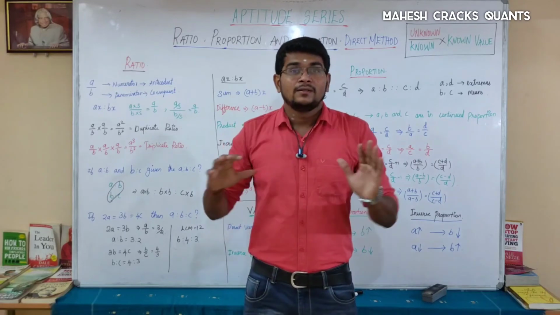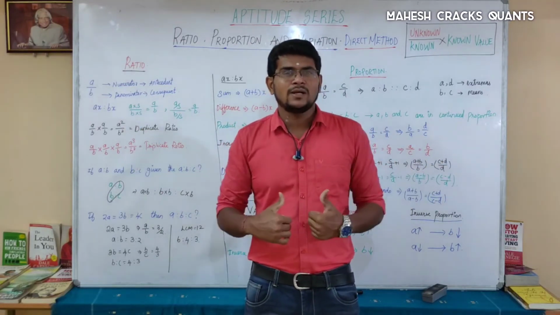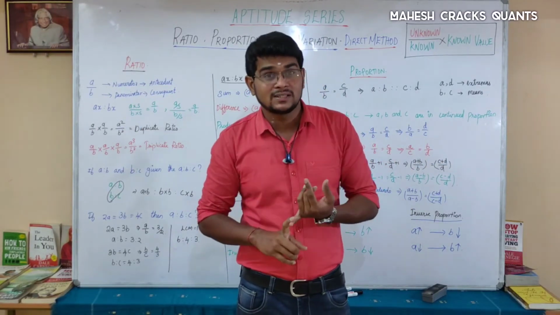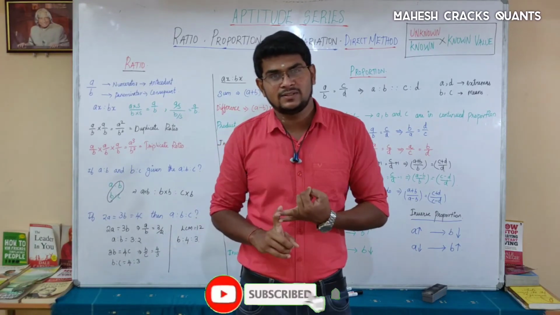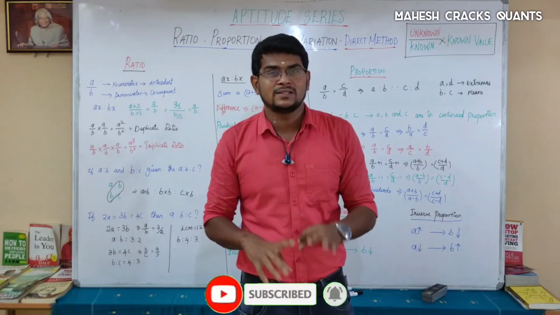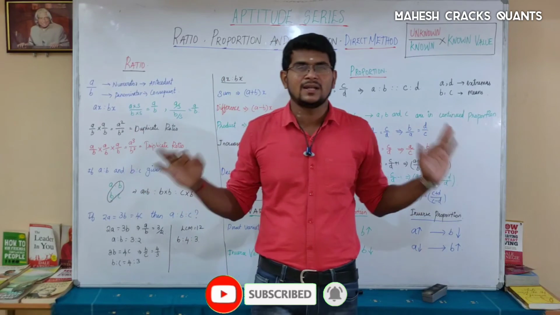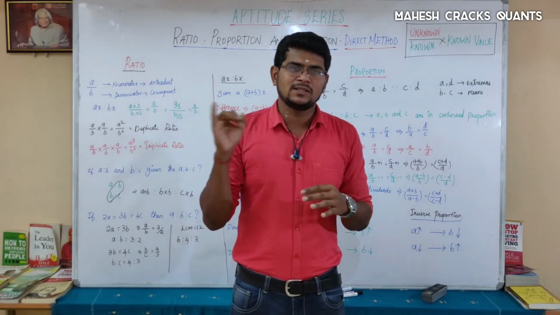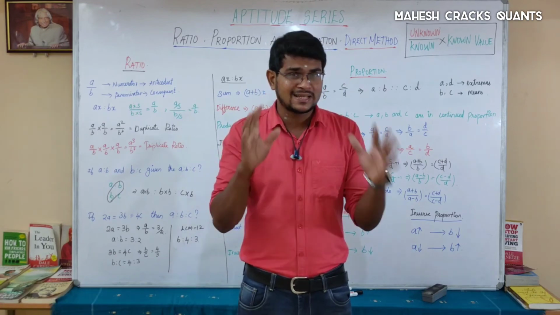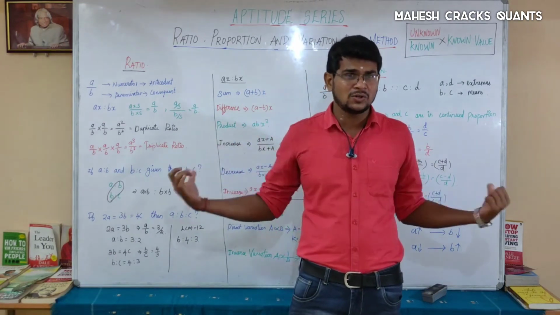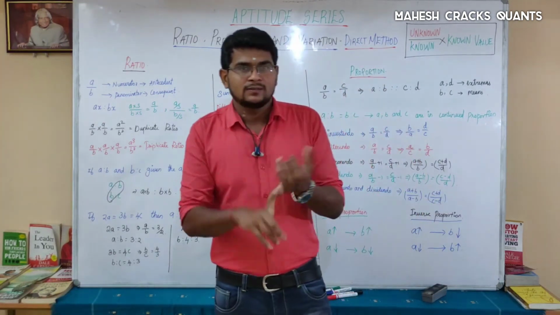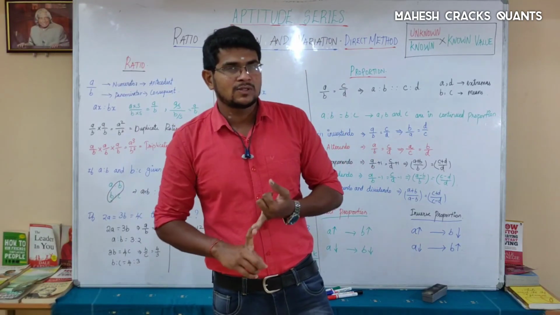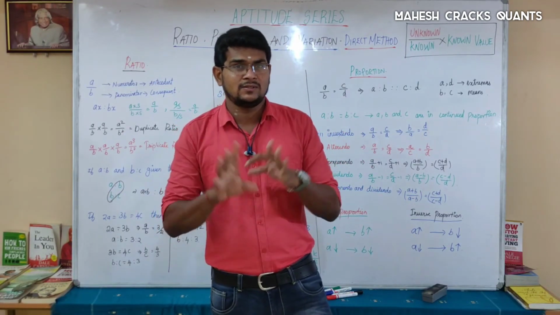This ratio class is important for partnership, allegation and mixture, and problems on ages, these three topics. This is the base. Like what I said, percentage is the base for profit and loss and simple interest. Same way, ratio and proportion is the base for partnership, problems on ages, allegation and mixtures.